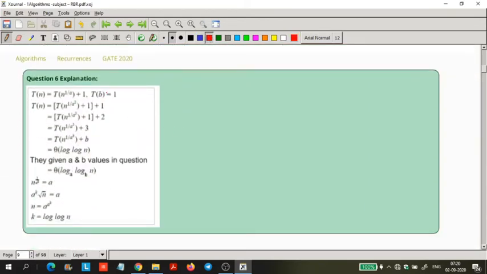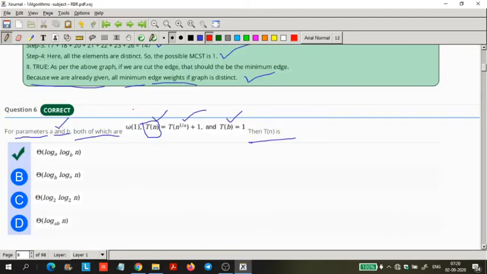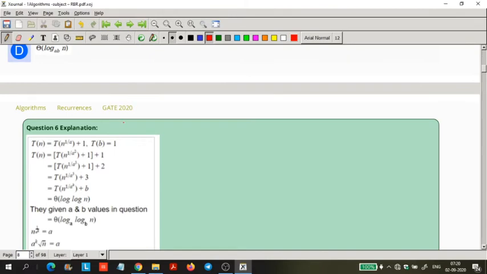So here T of n is equal to T of n raised to 1 by a plus 1, and T of b is equal to 1. Then T of n raised to 1 by a squared plus 1, by a cubed, and so on.